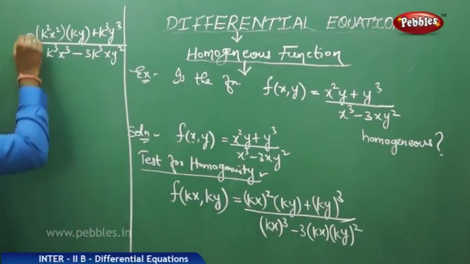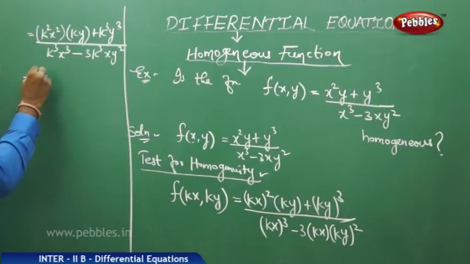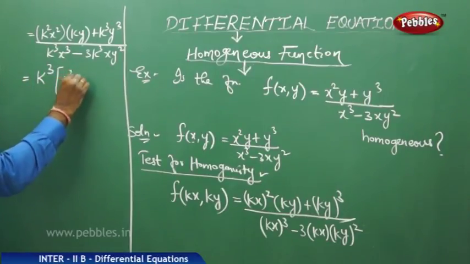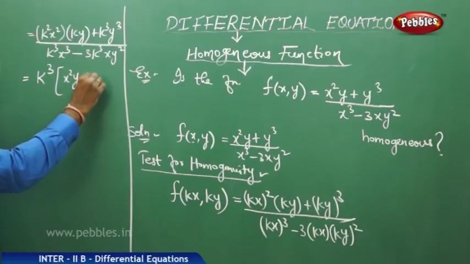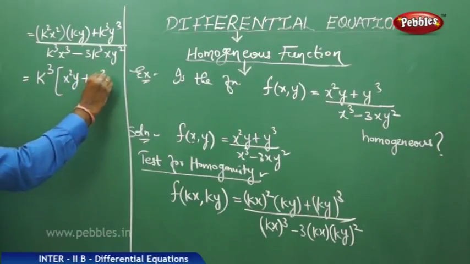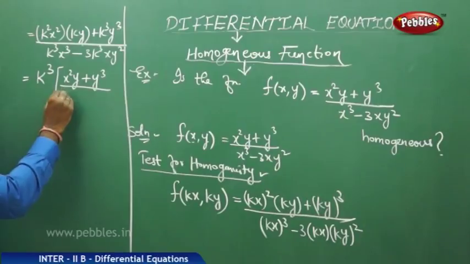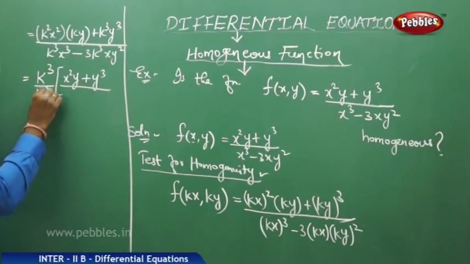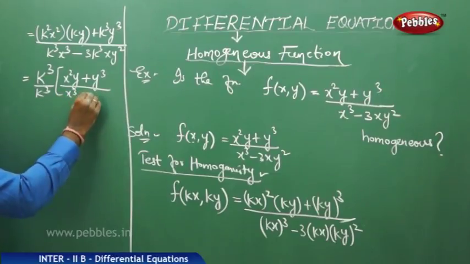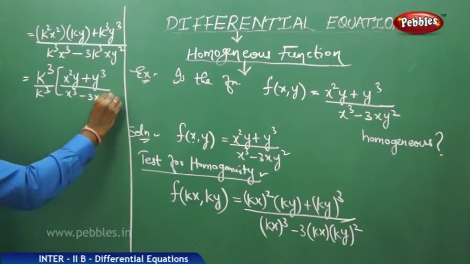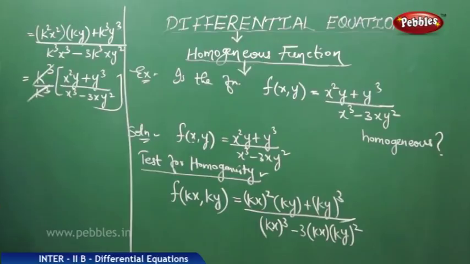Therefore I take k cube common in the numerator and get x square y plus y cube, and again take k cube common in the denominator to get x cube minus 3x y square, so that this gets cancelled.